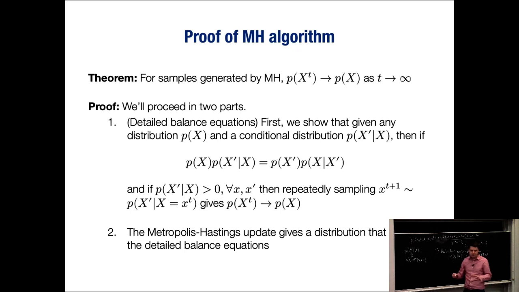So this is a generic condition on any p of x prime given x, such that if I iterate samples from that distribution, I will in fact get samples from this distribution here.